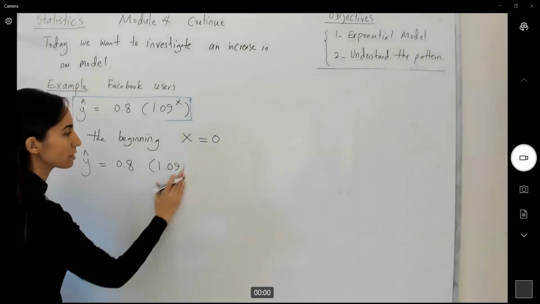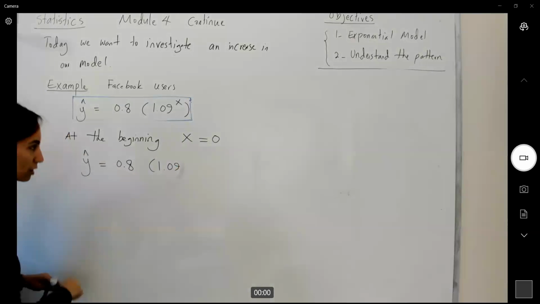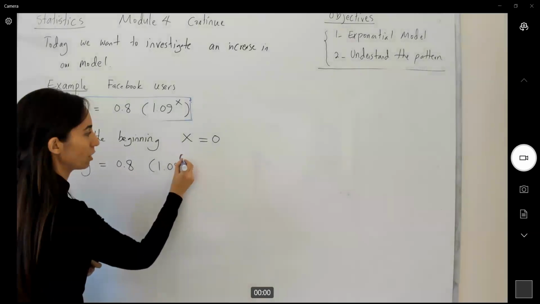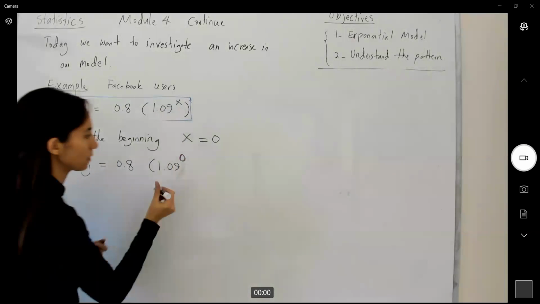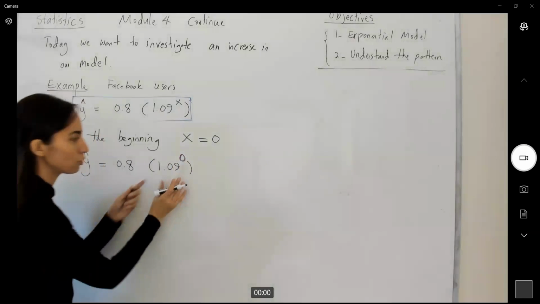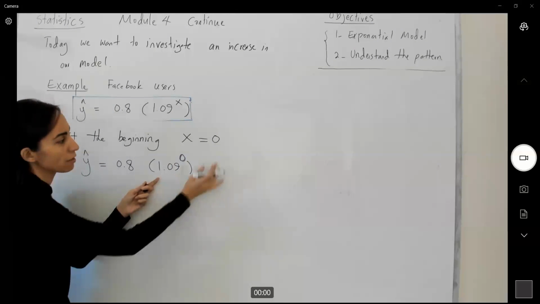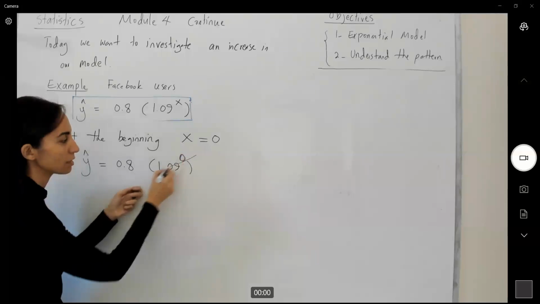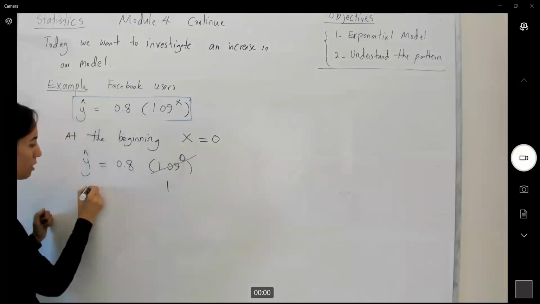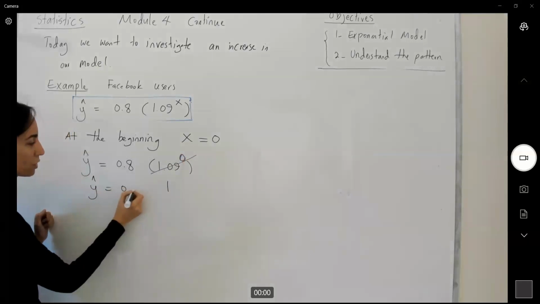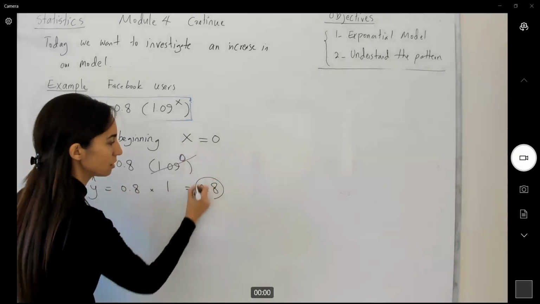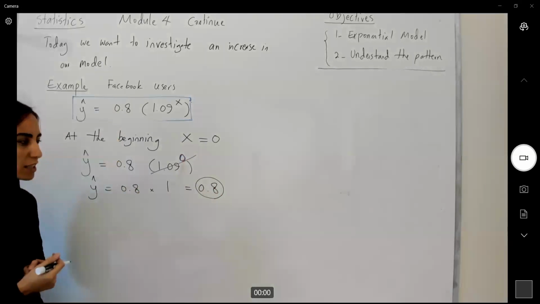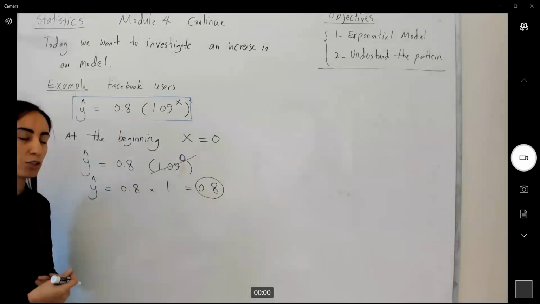What is x? x is equal to 0. So I plug in 0 for my x. A non-negative number raised to 0 is equal to 1. So y hat is equal to 0.8 times 1, which is 0.8. It says you had 0.8 million users.